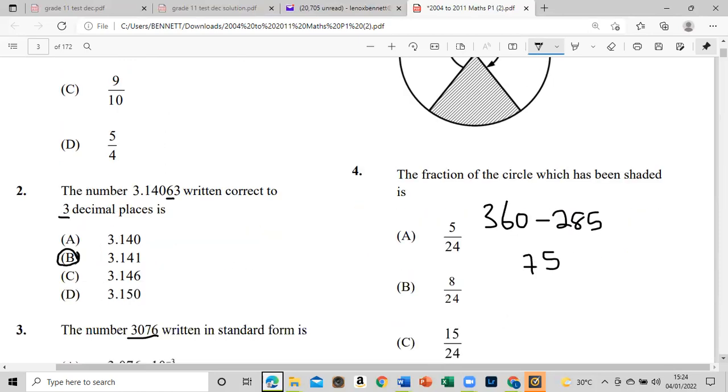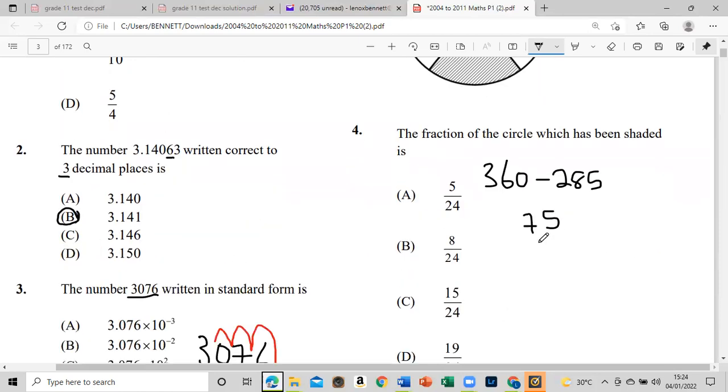So that portion is 75 out of 360. So we can find a number now to break it down, because it's 75 over 360.